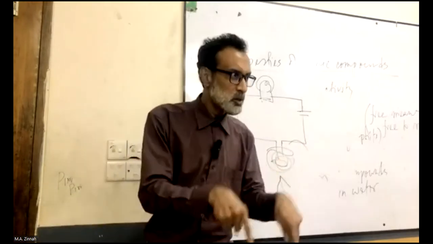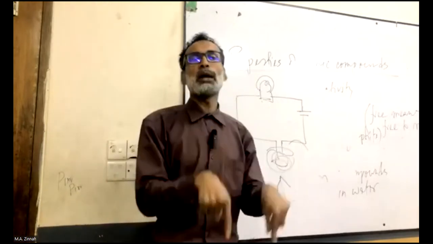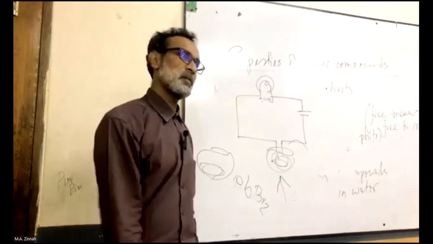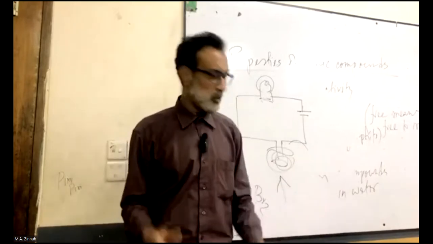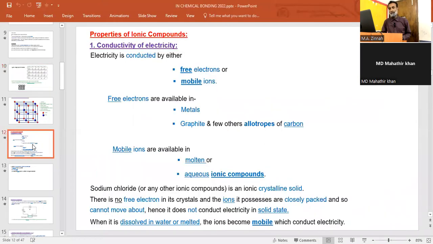We dip only the two ends, not the whole circuit. The bulb will light. Finished. So can you describe the experiment to prove that aqueous sodium chloride is a good conductor of electricity? Anybody?